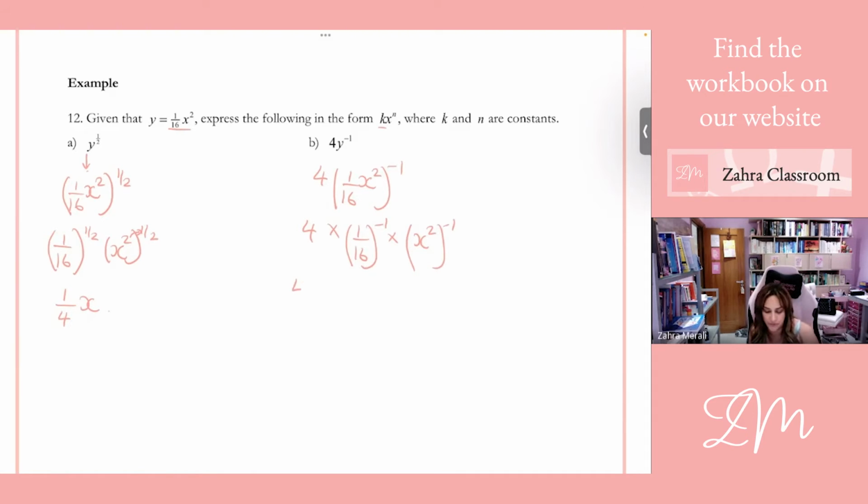Right, so the 4 stays the same. 1 over 16, remember, with a fraction, all it does is flip it. And here we can multiply these two. So I'm going to get 2 times minus 1, which is minus 2. And then if I put it all together, 16 times 4 gives me 64, x to the minus 2. So I could say k is 64 and n is minus 2.